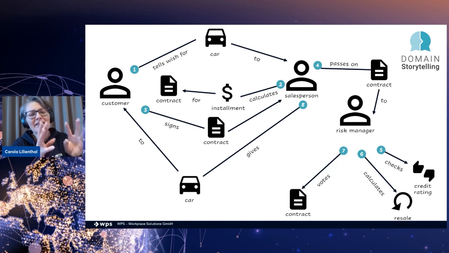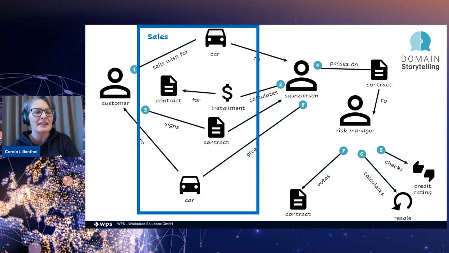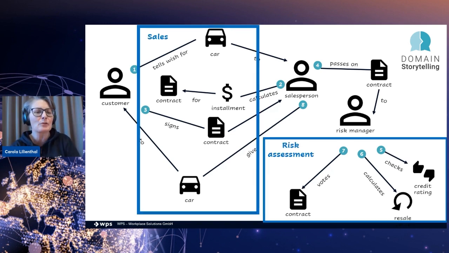We now take this domain story as the basis for breaking down the domain into subdomains. This domain story contains 2 subdomains, the subdomain sales and the subdomain risk management. This is the perfect domain-driven structure for our domain that we want to use as the domain-driven architecture for our software.